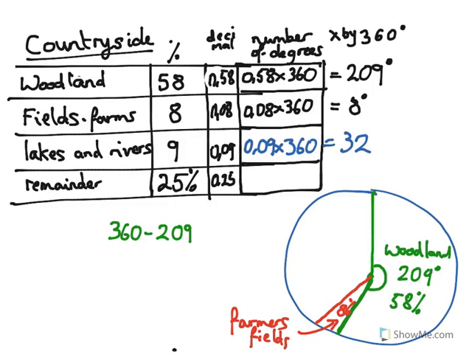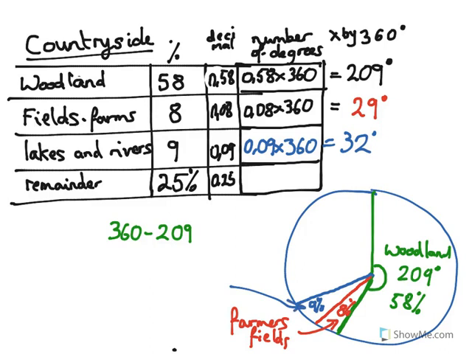That is the percentage that I wrote there. 0.08 times 360 is 29 degrees. 29 degrees for the farmers' fields, 32 degrees, almost the same for lakes. A little bit more at 9%.